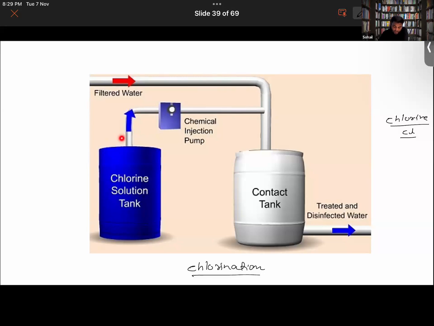Look, one thing: this filtered water is coming from here, and it is going to this tank.